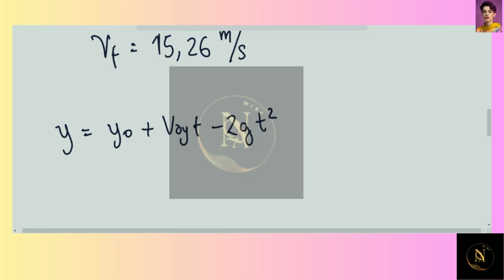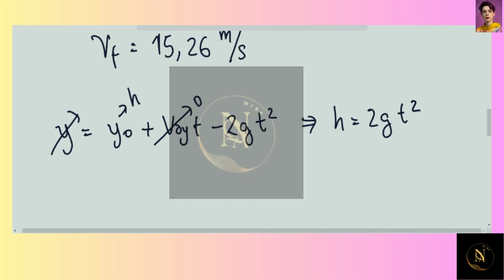And we know that the initial velocity in the y component is 0. We know that the final height is 0, just because it lands on the ground. And we know that this here corresponds to the height of the cliff.